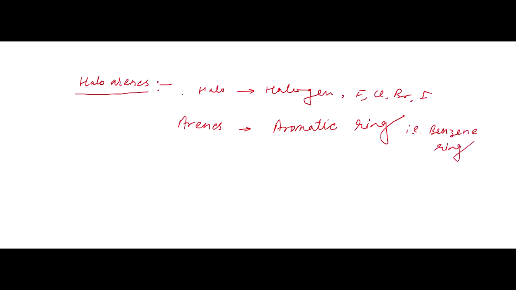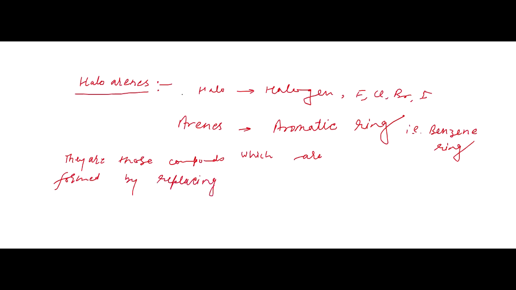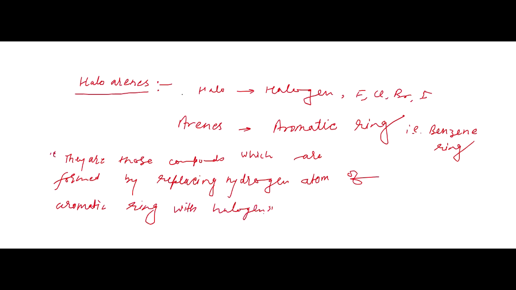So those compounds which are formed by replacing the hydrogen atom of an aromatic ring with halogen are called haloarenes. If I go for the example, this is benzene. If one hydrogen is replaced with halogen, this is chlorobenzene.